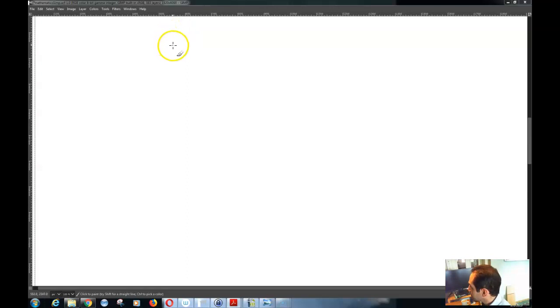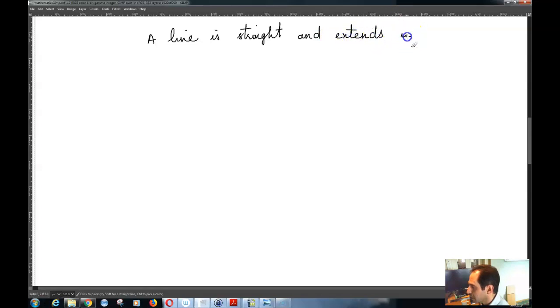The compound statement that we have is, for example: a line is straight and extends indefinitely in both directions.